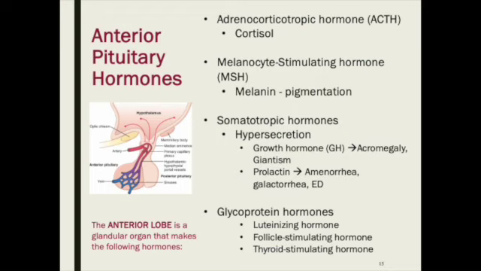Another hormone in the anterior pituitary is the somatotropic hormone, growth hormone, whose hypersecretion causes acromegaly or gigantism, and prolactin, which would stimulate amenorrhea, galactorrhea, and erectile dysfunction. Lastly, we have glycoprotein hormones like the luteinizing, follicle stimulating, and thyroid stimulating hormones. The anterior lobe is the glandular organ that makes all of these hormones.